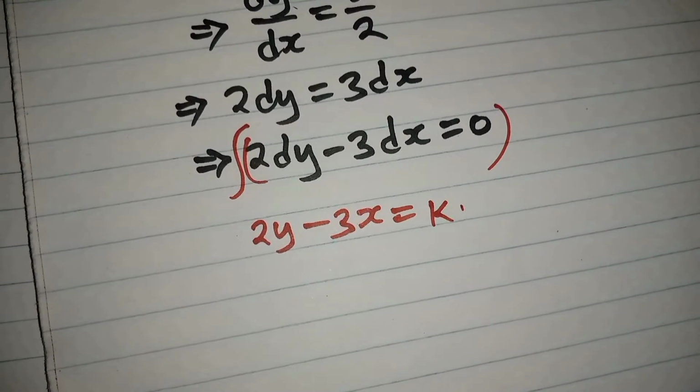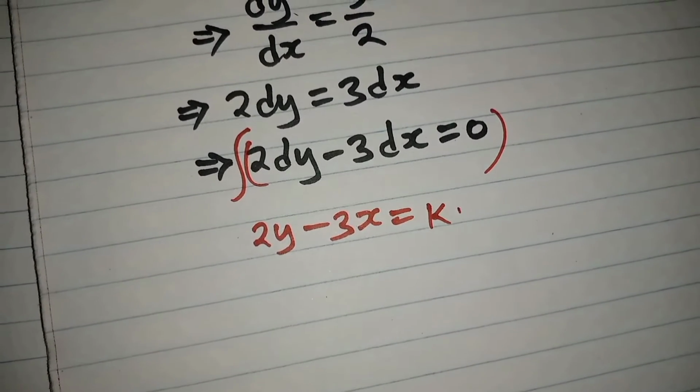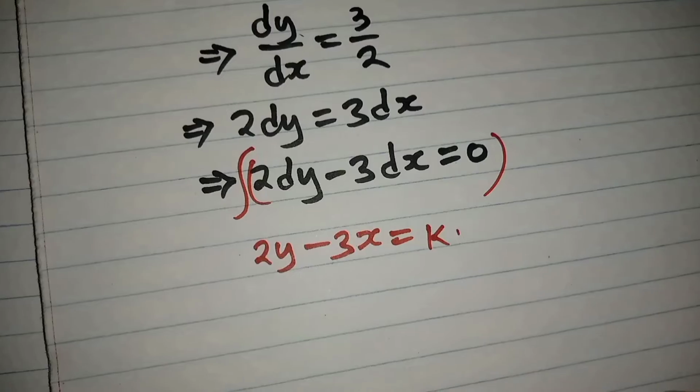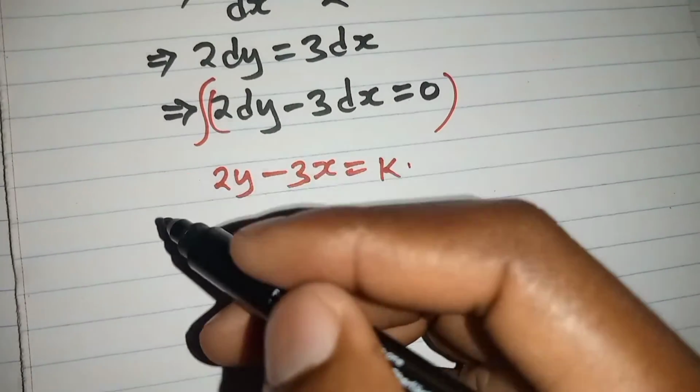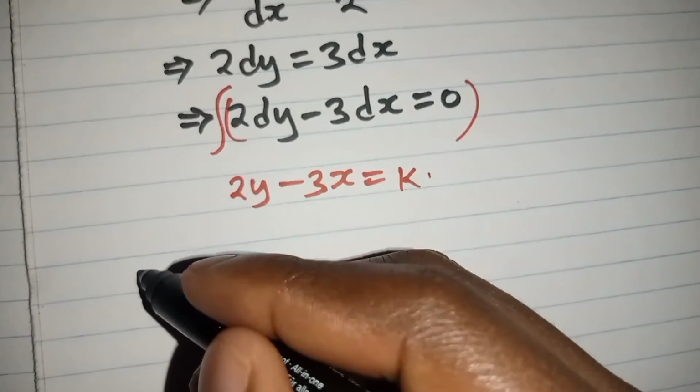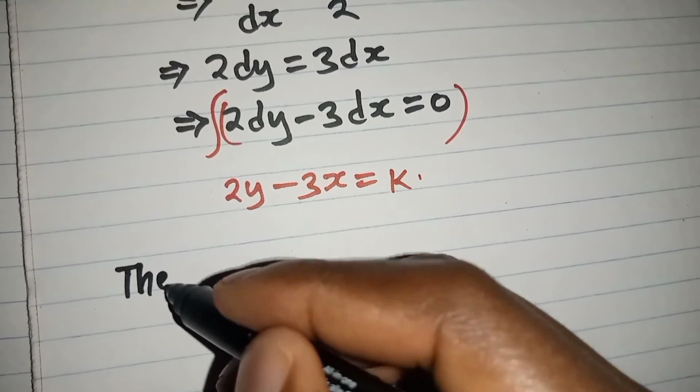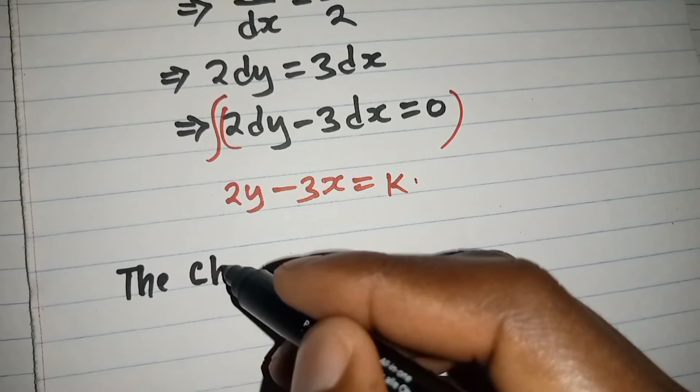Then from there we are going to proceed to the second step, which is writing our characteristic curves.